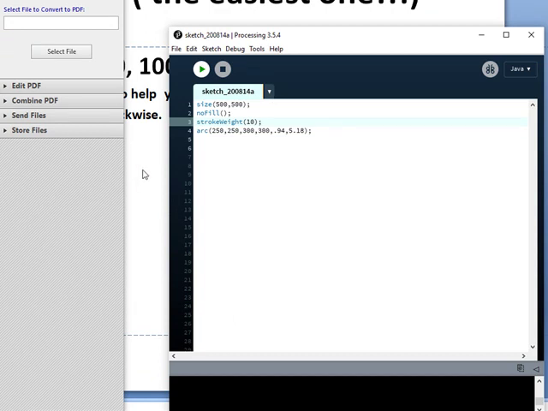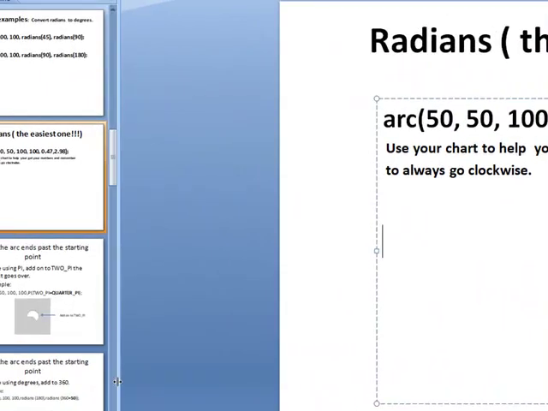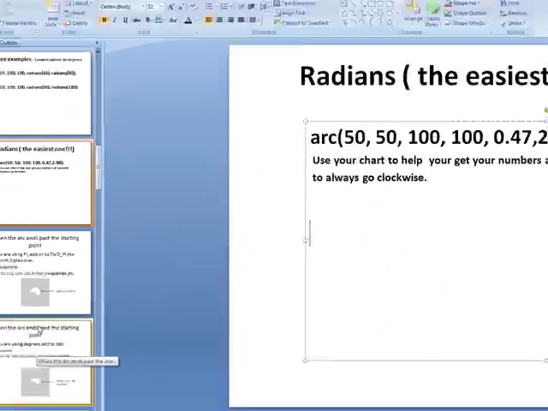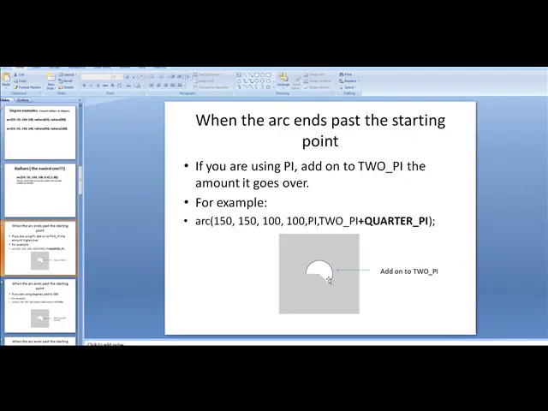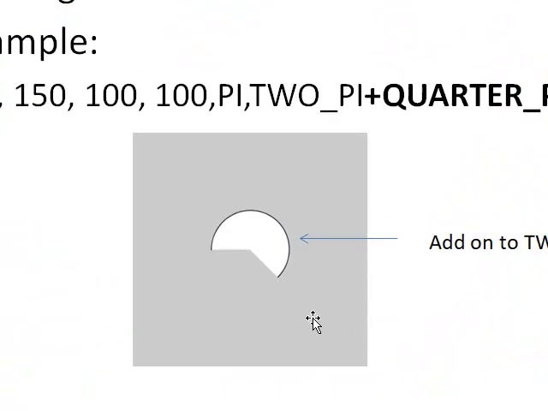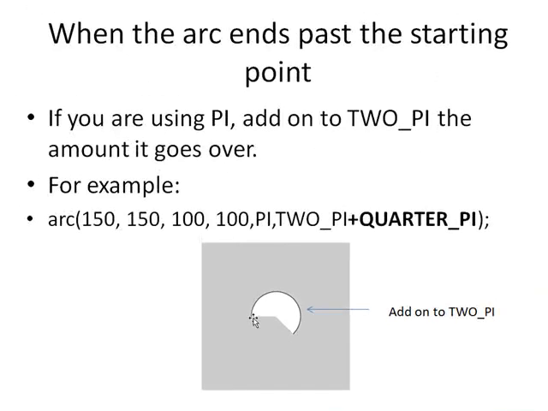Okay, but next I want to talk about what you do if the arc goes past the starting point. So if we look at this arc right here, it has to go clockwise. This is our starting point, and our ending point goes past the starting point. If you were doing the units of pi, you would just simply add onto it.